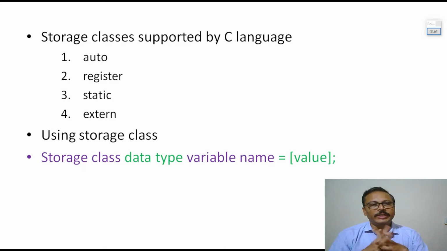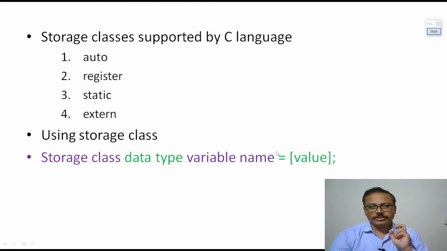So how do you declare it? You declare it using a storage class. Here is the general syntax: storage class, data type, variable name equal to some value. We have already discussed this: data type, variable name, and then if you want you can initialize, otherwise you can skip it. Square brackets indicate it is optional.